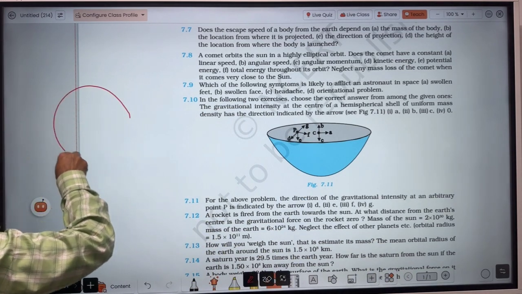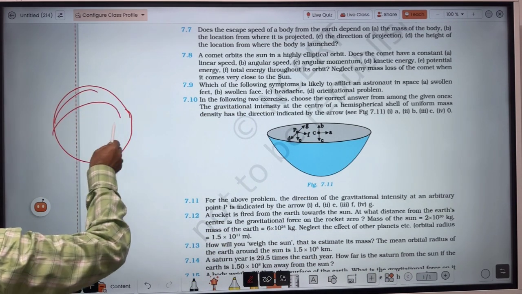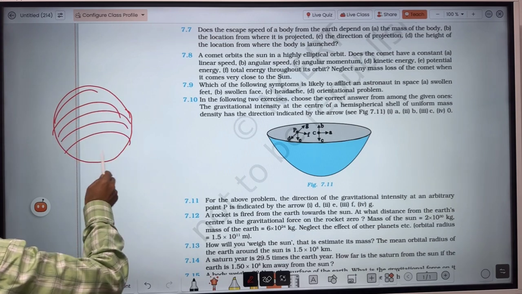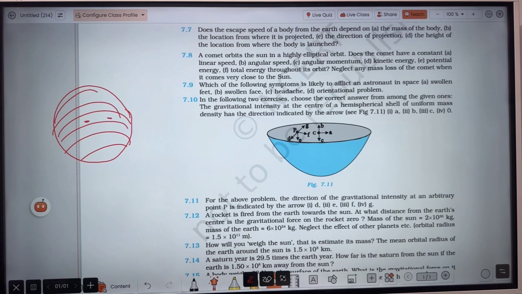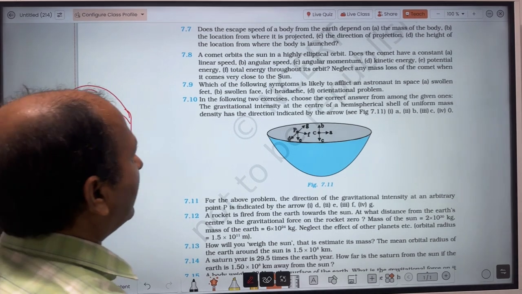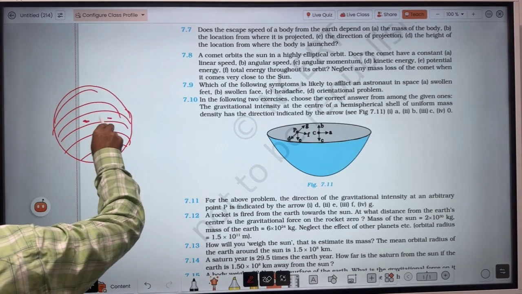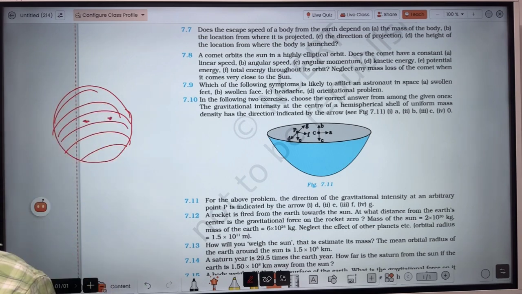If you remember, if there is a sphere of uniform density and if you take any point here or here, in that case you will see that gravitational field intensity will be 0 here because of symmetry.